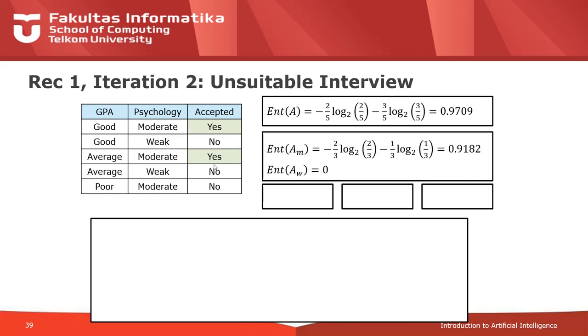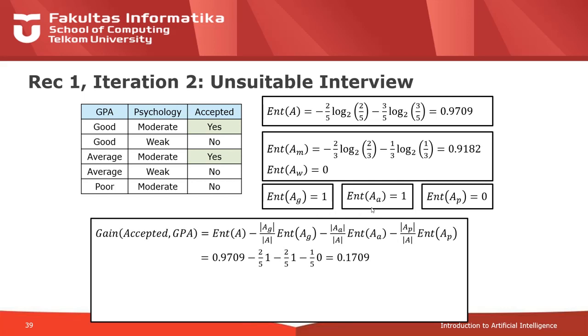All right. So we have the entropy of accepted based on moderate and weak. And then we also have the entropy of good, entropy of average, entropy of poor.